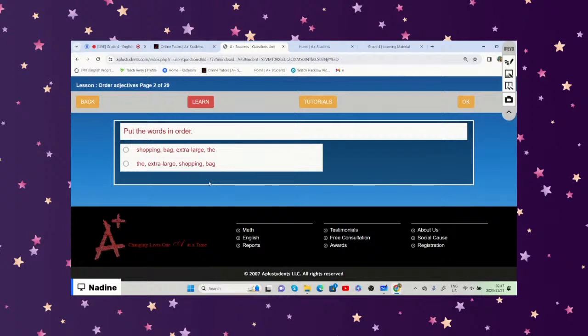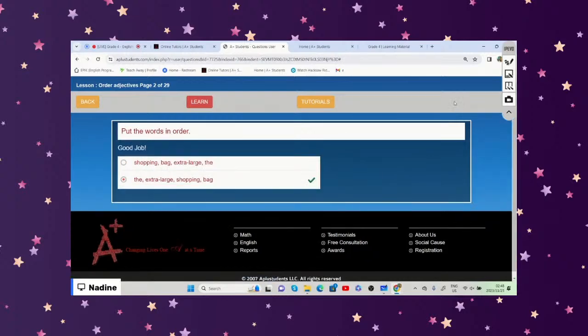We need to put these words in order to describe the bag. The extra large shopping bag, right? That is how we're describing the bag, as extra large, and it's a shopping bag.